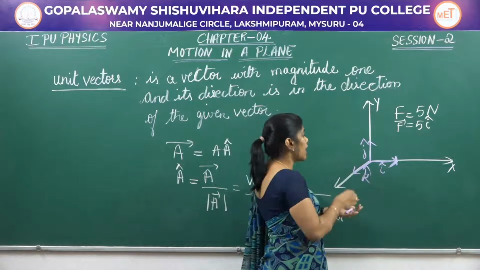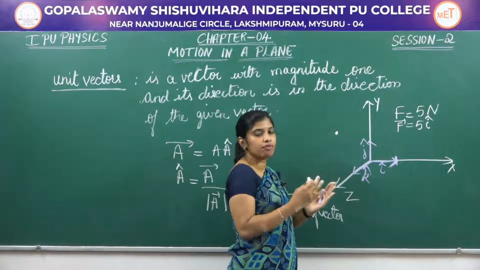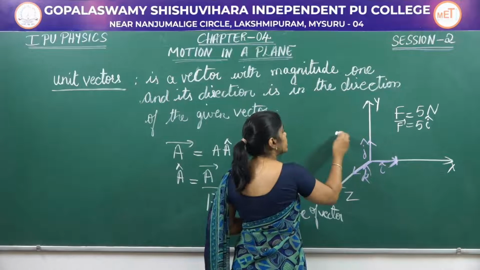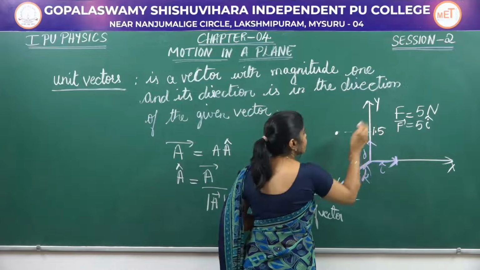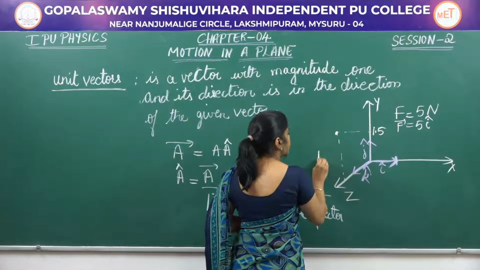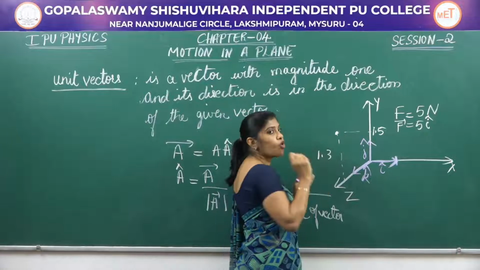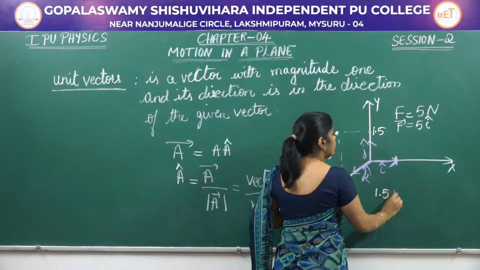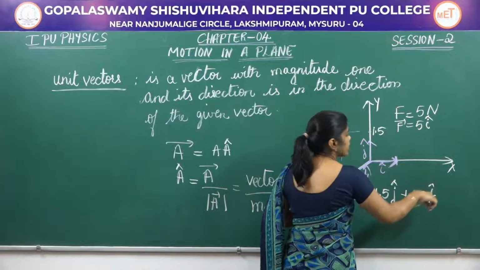Now if I say I have a vector somewhere here in the yz plane, and its components are, like 1.5 here and 1.3 here, something like this. Then how do I represent this in vector notation? Then I am going to write this as 1.5 j cap plus 1.3 k cap.